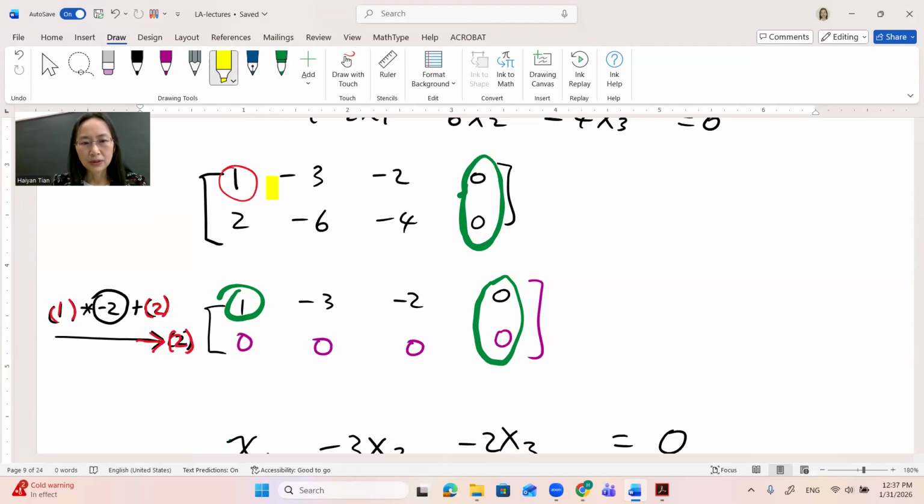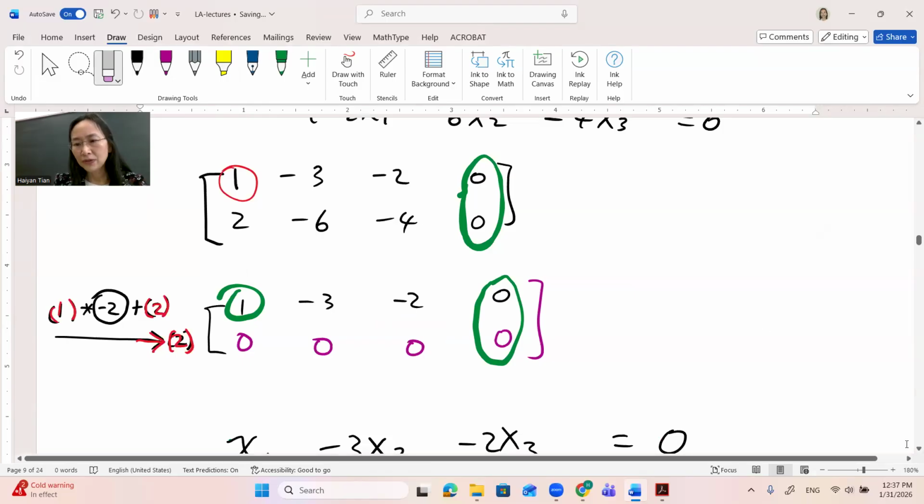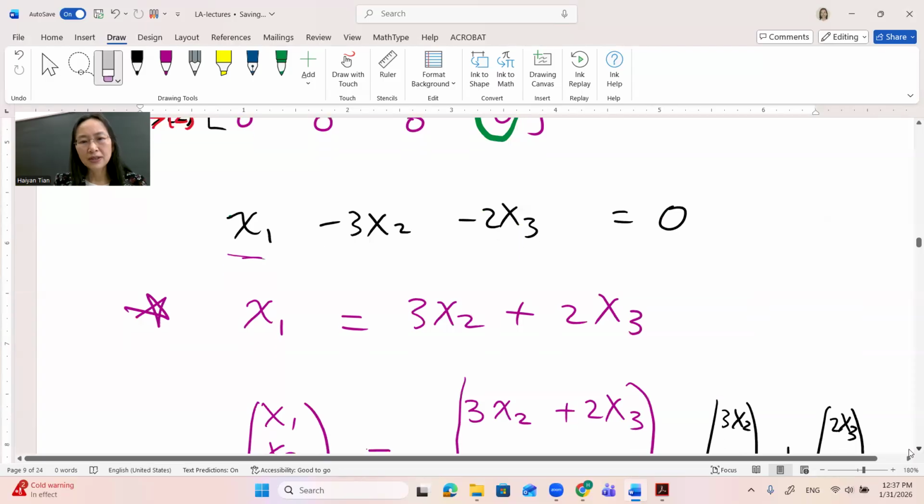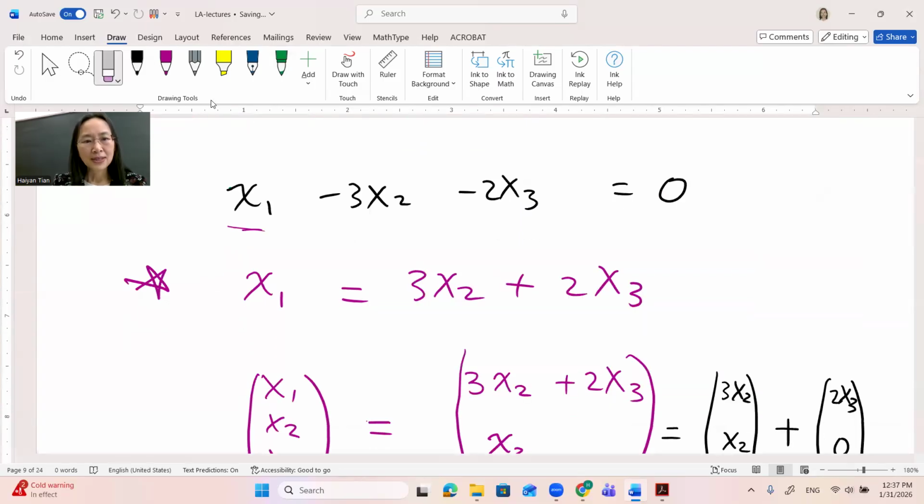For the first equation, we have x1, and then you have free variables x2, x3. Because only one constraint, we can represent x1 in terms of the two free variables, and then we can represent our solution.